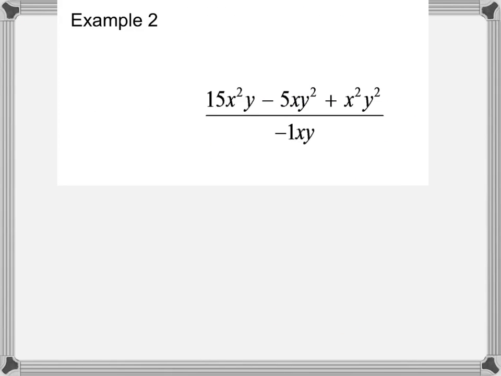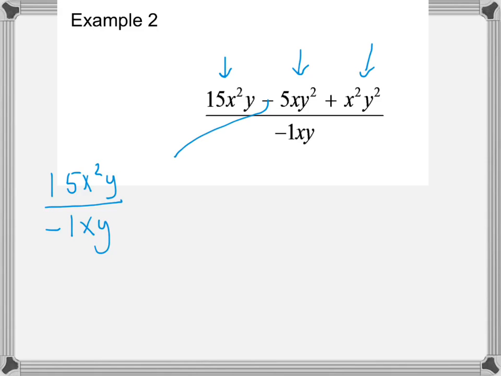Okay, example 2 covers our third case, which is a trinomial divided by a monomial. So we're going to continue with the algorithm we established in the previous example, where this is 3 terms, 1, 2, 3, and we are going to split it up into 3 quotients. So we have 15x squared y divided by negative 1xy.